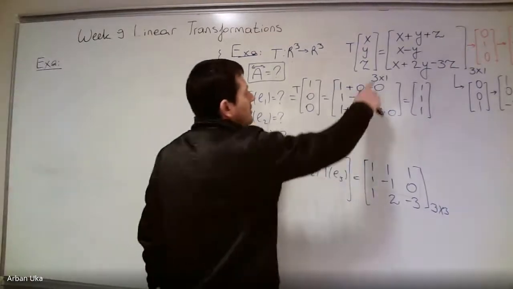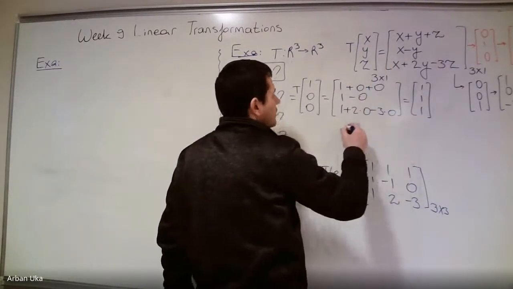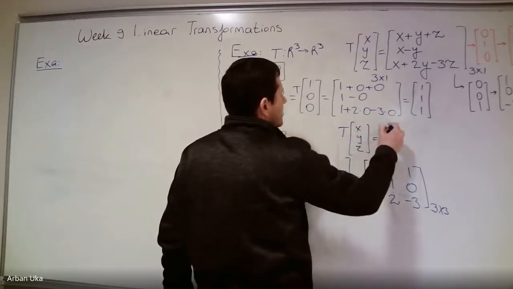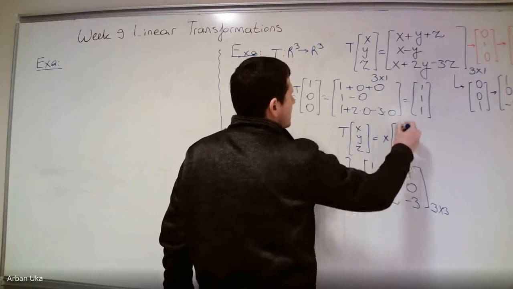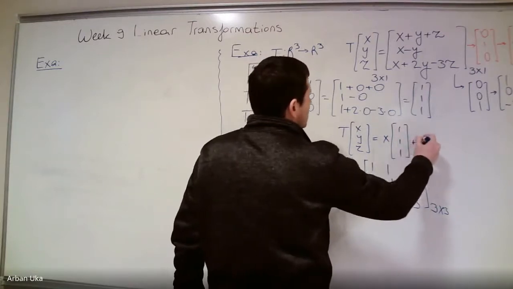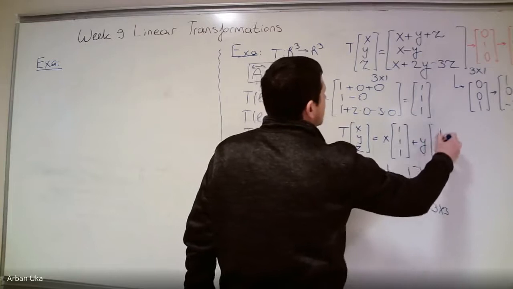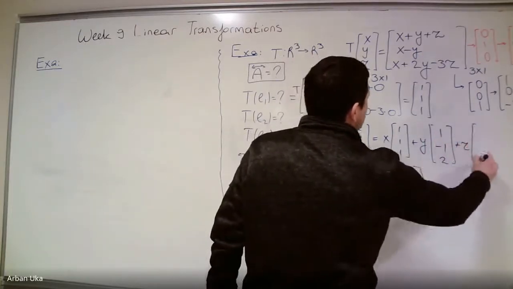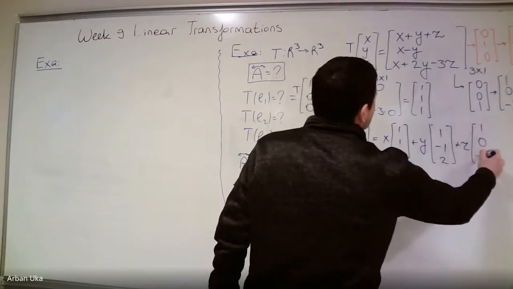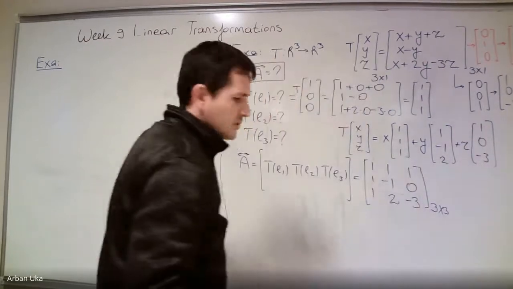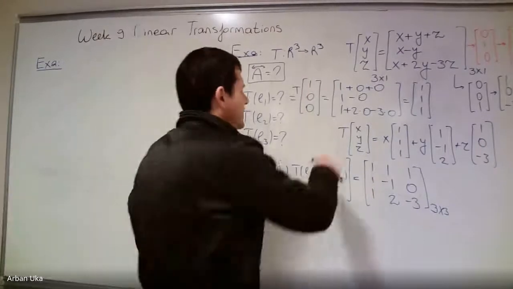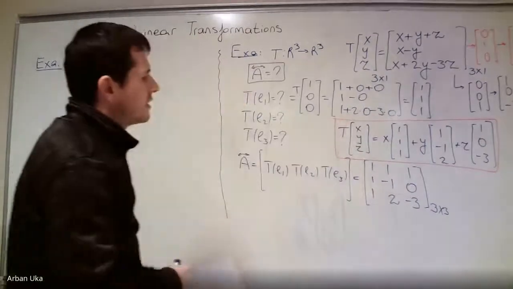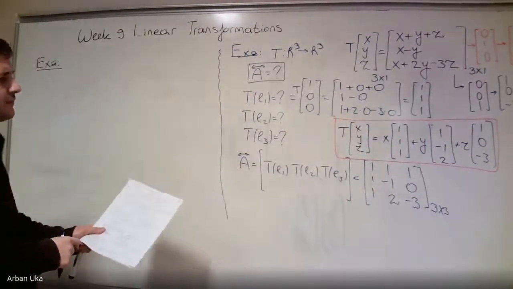You are saying to factorize here x, which means the following: T of (x, y, z) is equal to x times (1, 1, 1) plus y times (1, minus 1, 2) plus z times (1, 0, minus 3). So if we write it like this, then each of the columns we see on the board are the constituents of matrix A. That's true. Yes, we can do that.